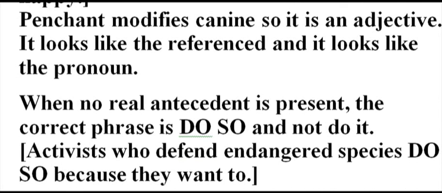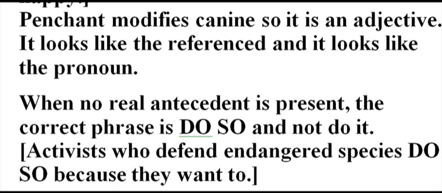Antecedent is simply another word to say referent, so we have three words for one thing: referent, referenced, and antecedent. When no real antecedent is present, the correct phrase is do so and not do it. For example, activists who defend endangered species do so because they want to, that is correct. We cannot say activists who defend endangered species do it because they want to, because you would have no clear reference.